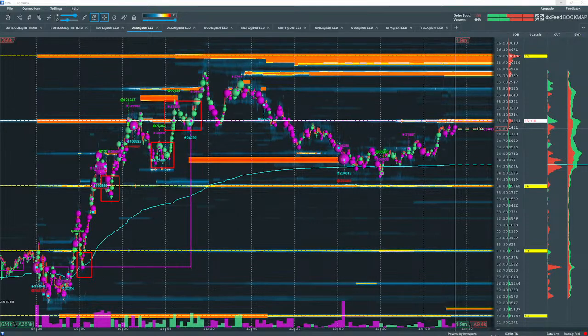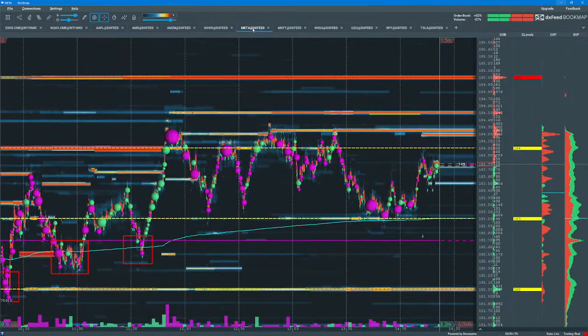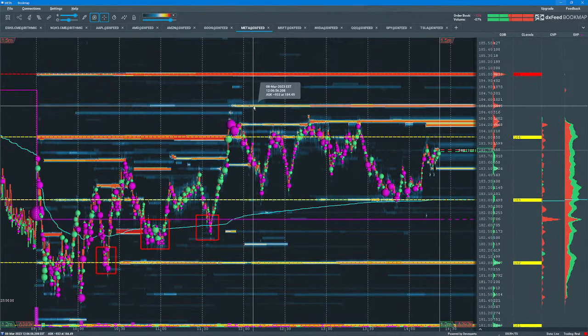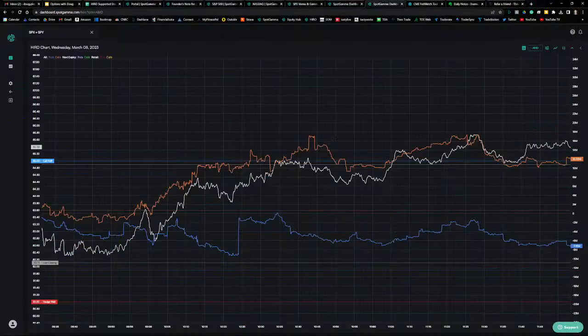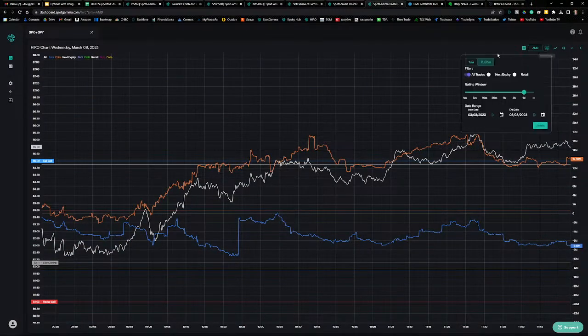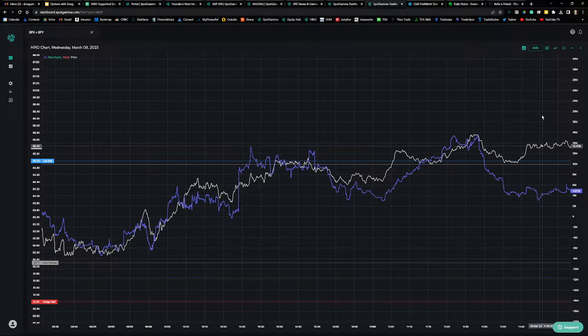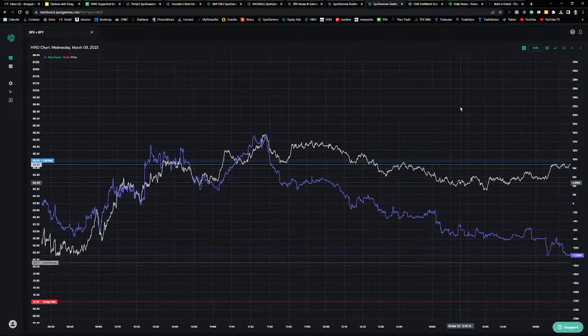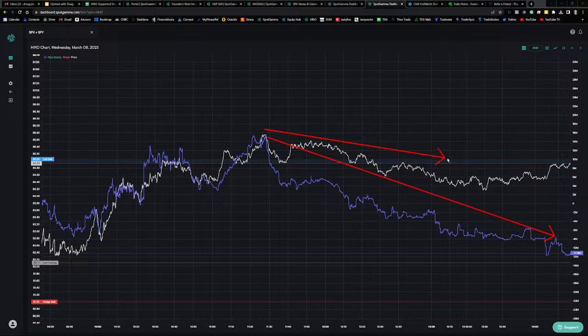All right, the next setup was Meta. Let's go back to Hero. And notice how price has leveled off as Hero starts to drop, price moves slightly lower.